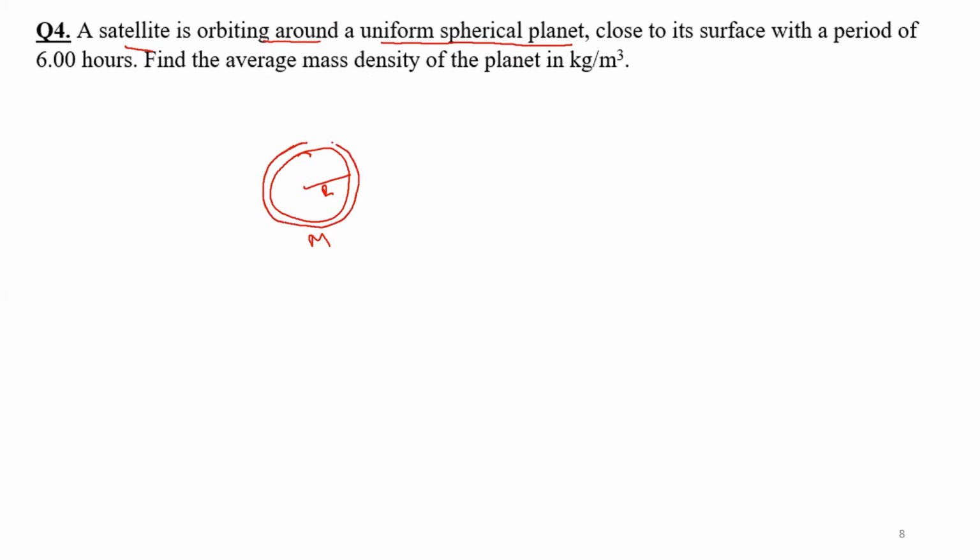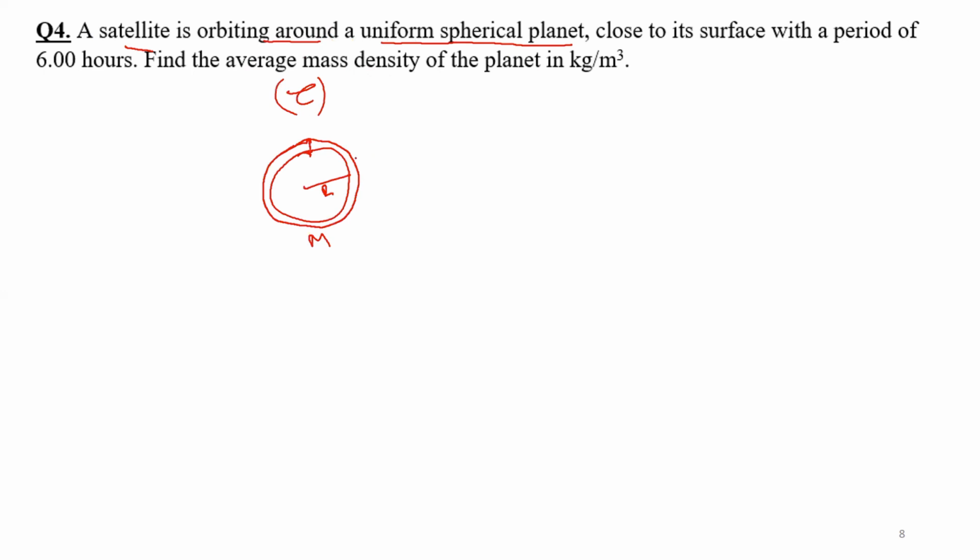This is supposed to be a circle. My circle looks bad, but you understand what I mean. So the altitude here, h, is very small. So the radius of the orbit is basically the radius of the planet, because it's orbiting in a uniform way, in a circular orbit.